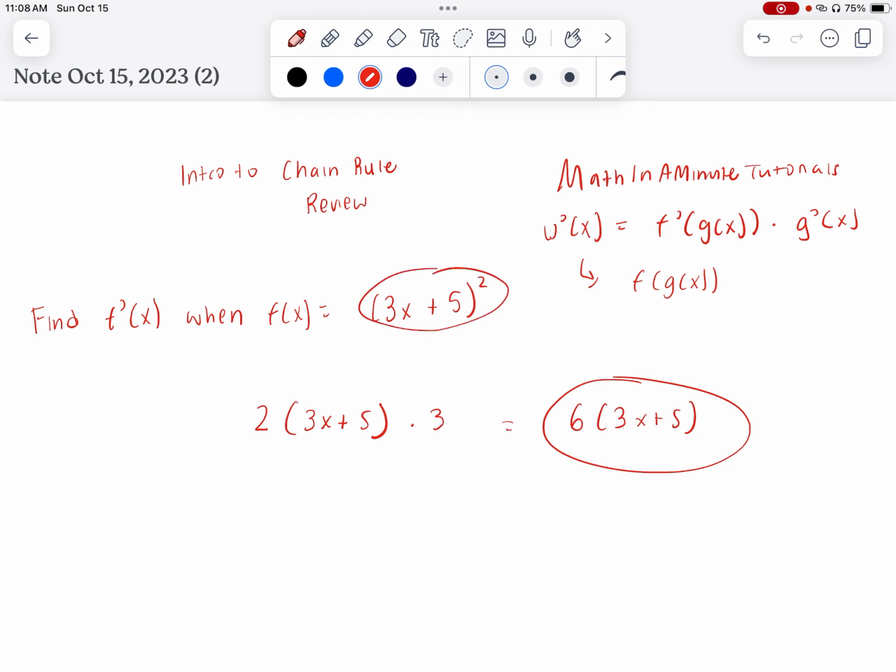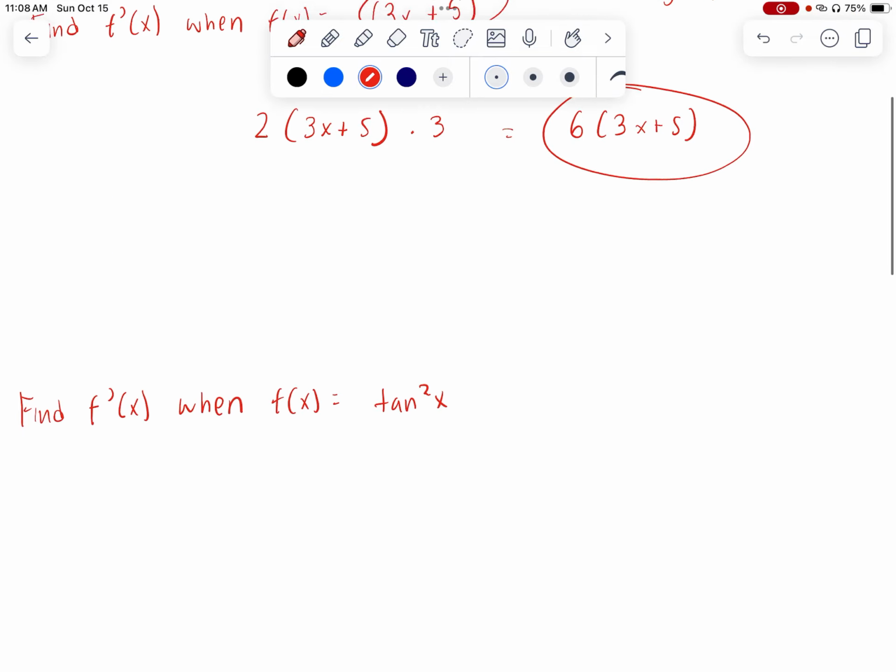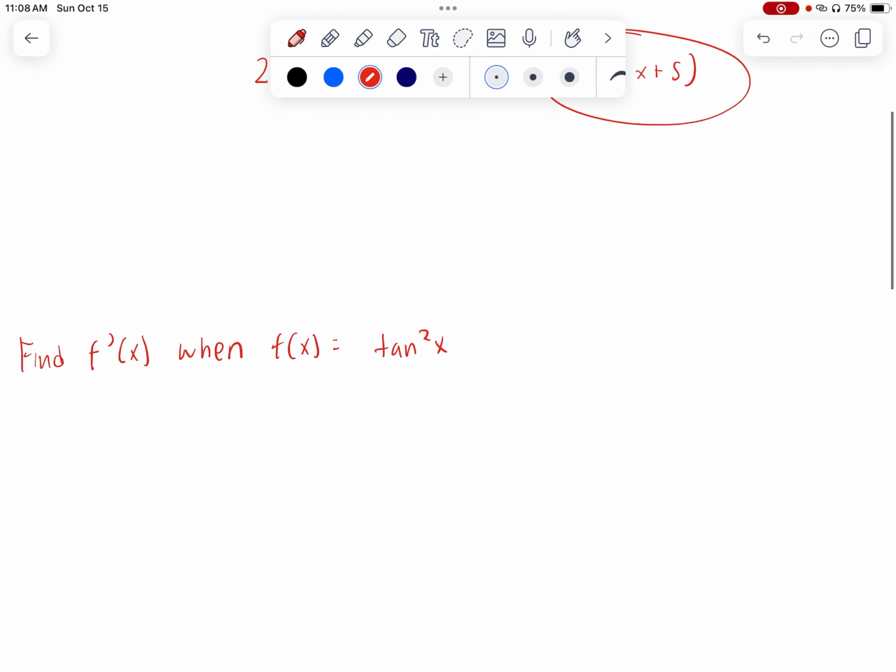Let's go on to something a little bit harder. Let's find f prime of x when f of x equals tangent squared x. In this case, it might be a little confusing, but you have to know that this is essentially tan x, squared. If you look at it like that, then it becomes a little simpler.